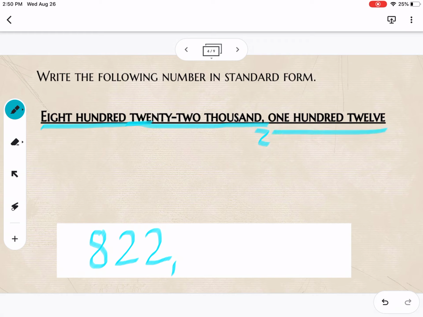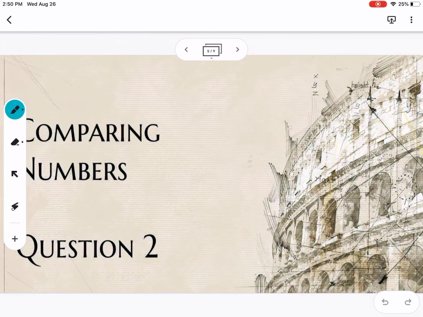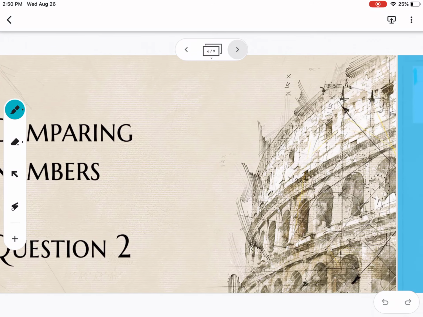And then I have 112. When I'm done, I like to read my number in standard form and make sure it's the same as my number in word form. 822,112. Nice job.